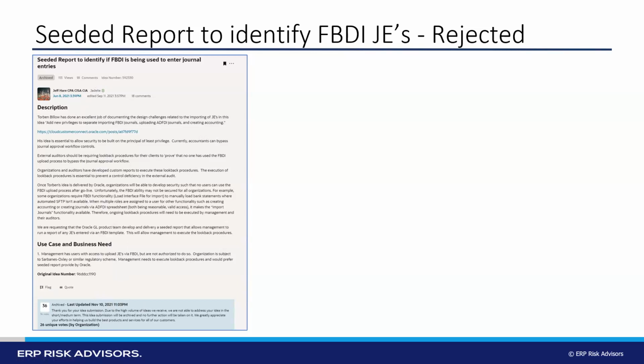As a matter of fact, there are 26 unique votes, and typically once something has reached a minimum of 20 organizational votes, it will hang out there forever until Oracle either decides to do something about it or, well, it doesn't get archived, let's put it that way. So that's kind of the background related to this.